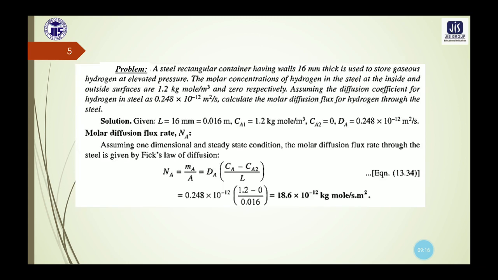Let us discuss one numerical based on this formula. A steel rectangular container having walls 16 mm thick is used to store gaseous hydrogen at elevated pressure. The molar concentrations of hydrogen in the steel at the inside and outside surfaces are 1.2 kg mole per meter cube and 0 respectively.